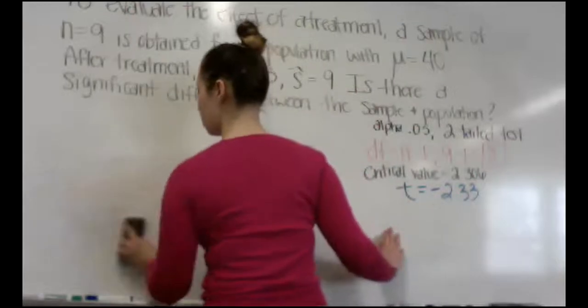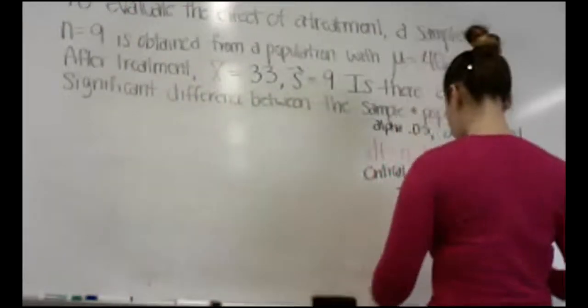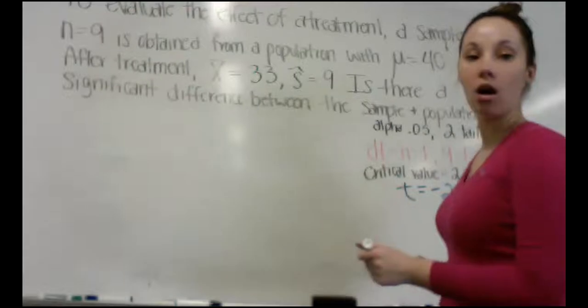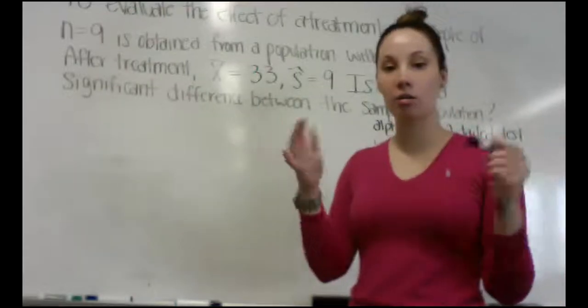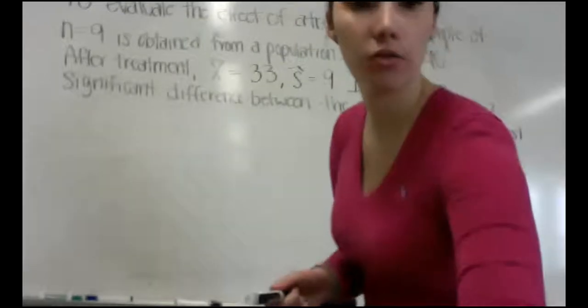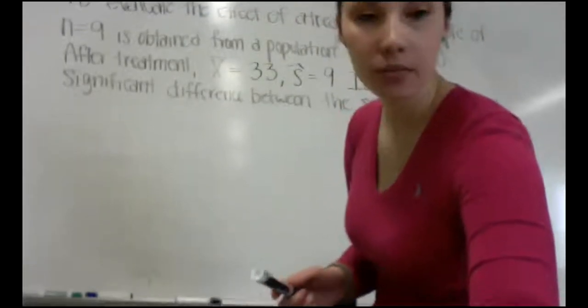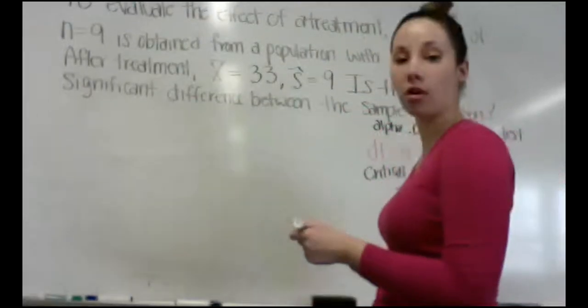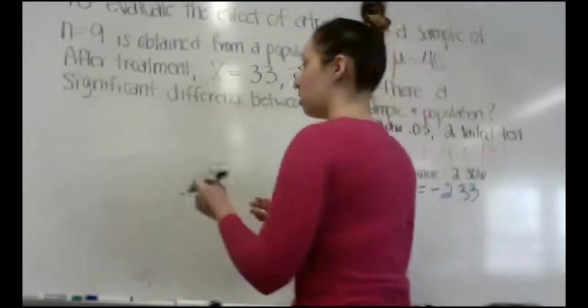Okay, so the first thing that we're going to do is find our confidence intervals. If you remember from the lecture, our confidence interval is the space between which we expect our data to fall. Our formula for confidence intervals is very simple.